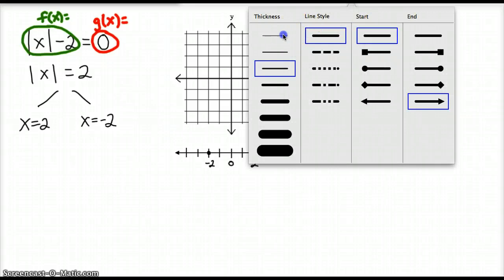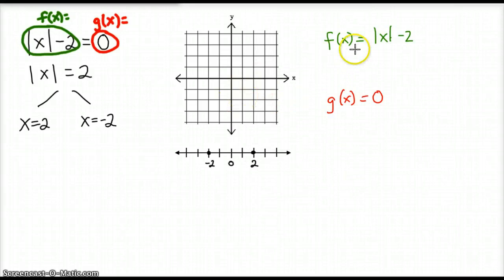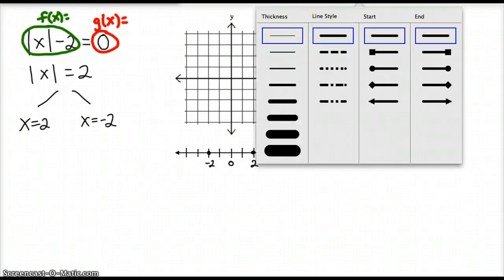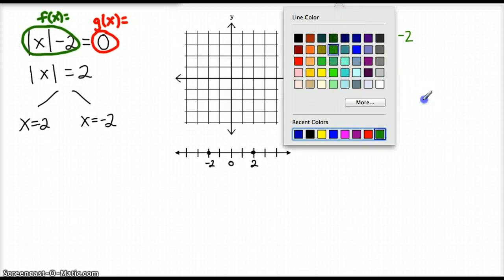Let's see if we can graph that. We'll make it green. To graph this, another way to say that is y equals the absolute value of x minus 2. The vertex, I'll rewrite that, I want that to be green.